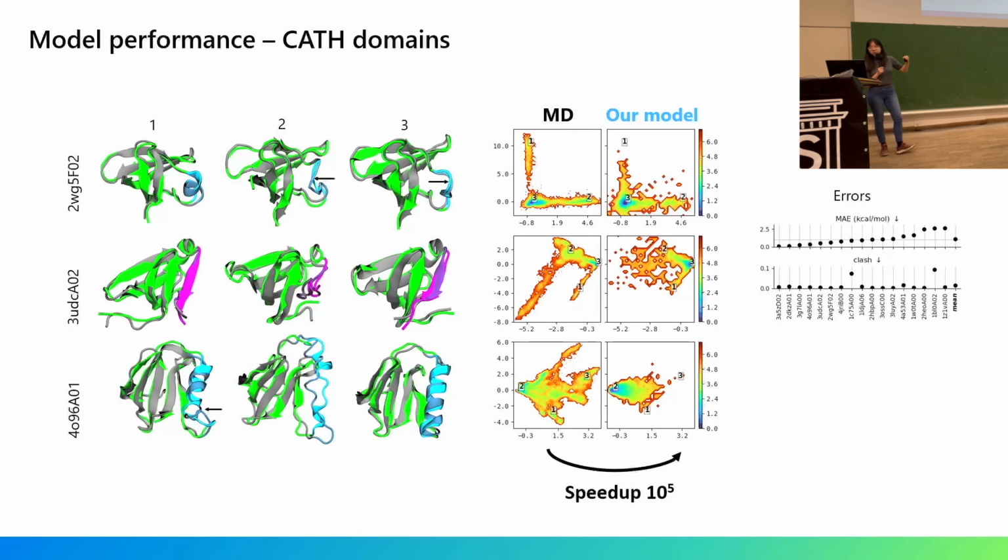Those 3 examples show some local conformational change. In the middle, we show those 2D heat maps, which are called TICA plots. To give you a brief idea of what TICA is, you probably know PCA, principal component analysis.